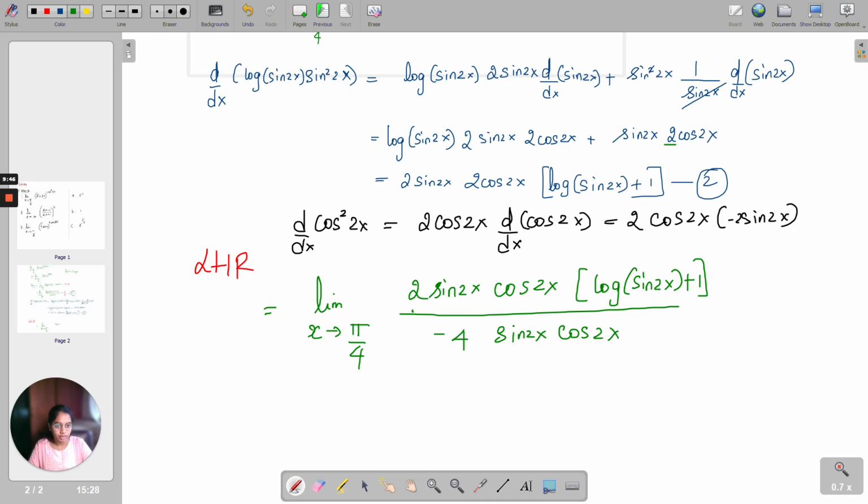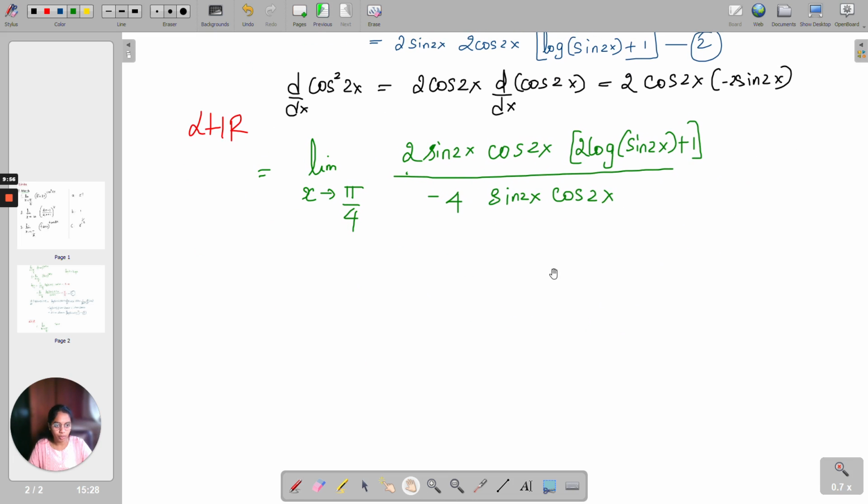Yes. Did we miss anything? We would get a 2 over here because there was a 4, right? So now what next? As you can see, sine 2x, cos 2x, both get cancelled and the 2's go away.